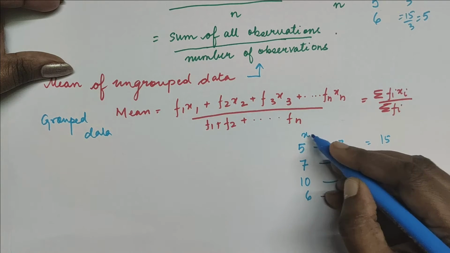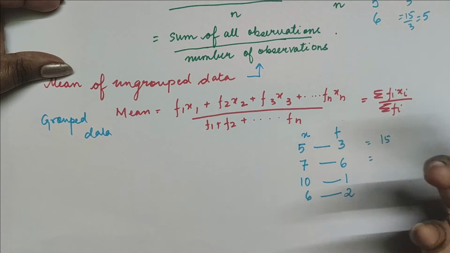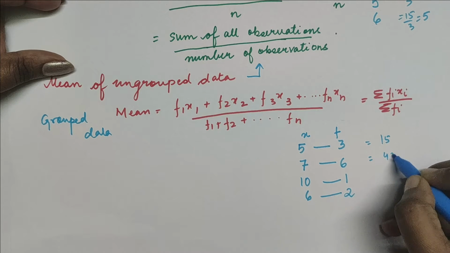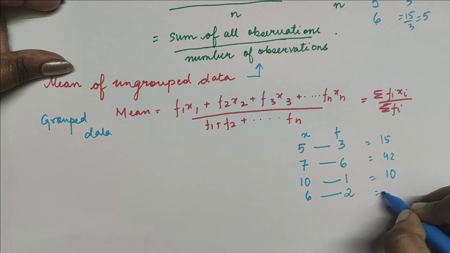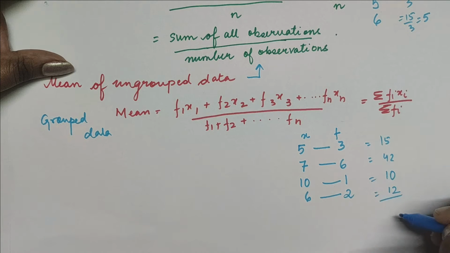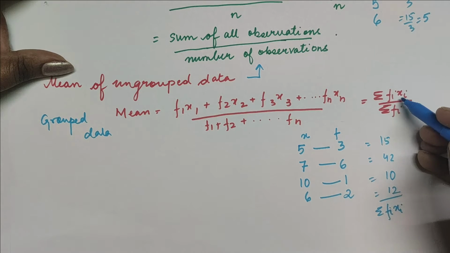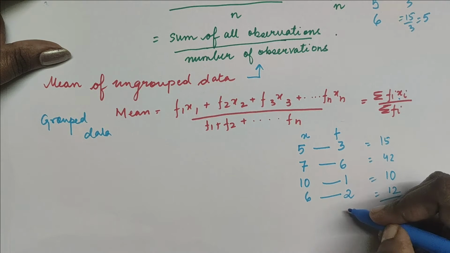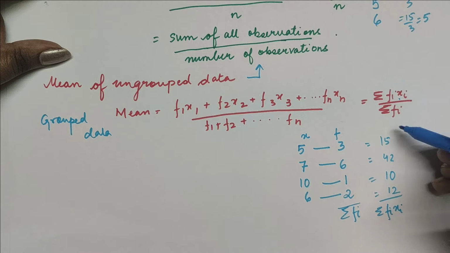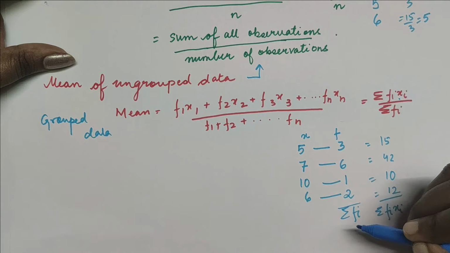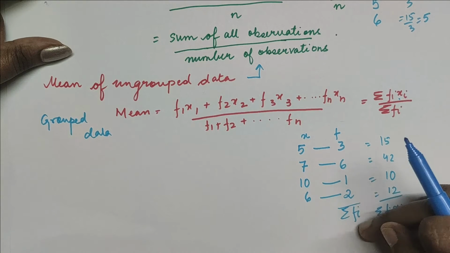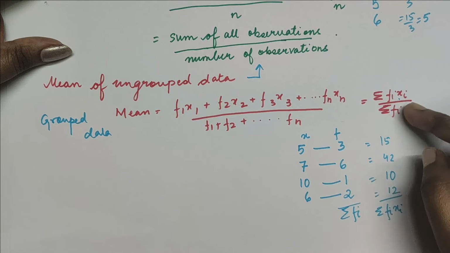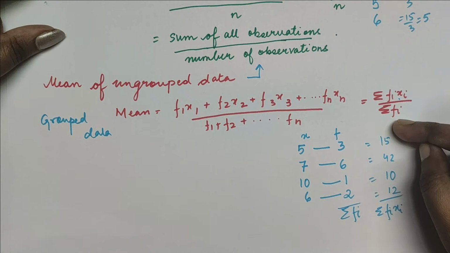So this is the x, this is the f, frequency, how many times it is occurring, 42, 10, simple multiplication. And then when I add, this is going to be the summation fi xi, which I have represented by this formula, and the frequency total or the summation of fi. So fi xi is going to be divided by summation of fi.